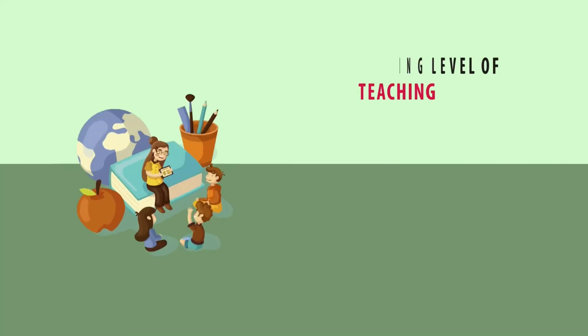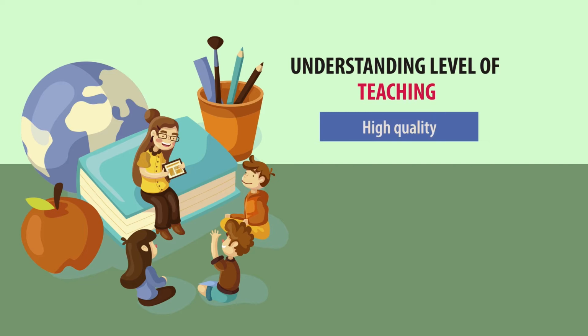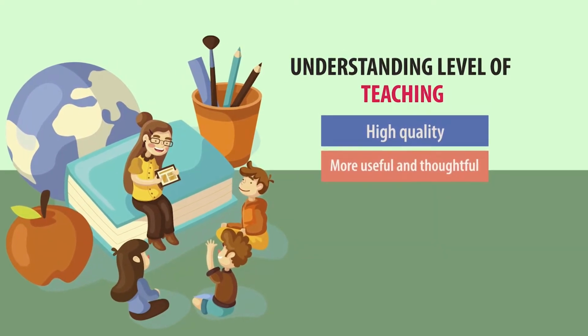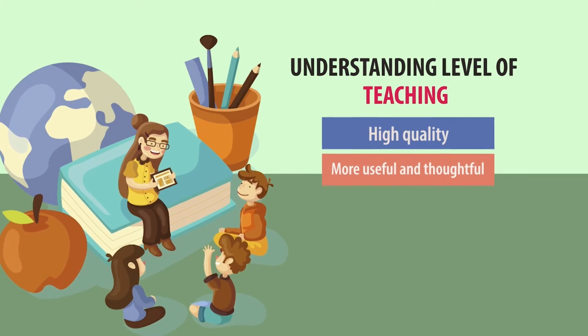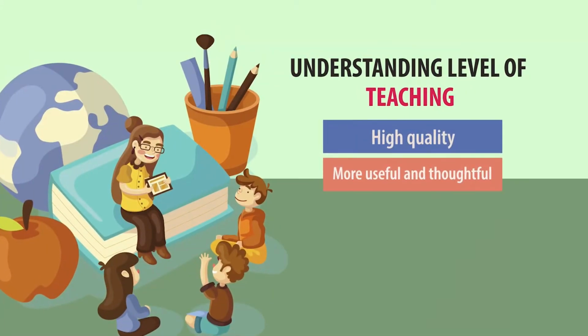The second level of teaching is the understanding level of teaching. The teaching at the understanding level is of higher quality than the one at the memory level. It is more useful and thoughtful from the point of view of mental capabilities. This level of teaching seeks to acquaint students with the relationship between a generalization and the particulars. So on the basis of particular information and particular facts, we move on to developing generalizations.